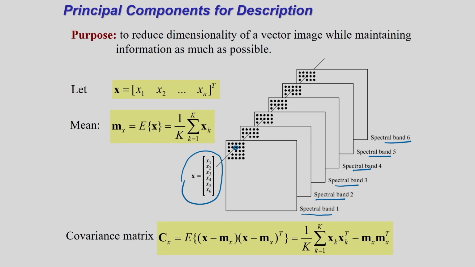In this example, I am considering 6 spectral bands. X is the input vector. From this input vector, I can determine the mean and also the covariance matrix. This concept I have already explained in the KL transform.